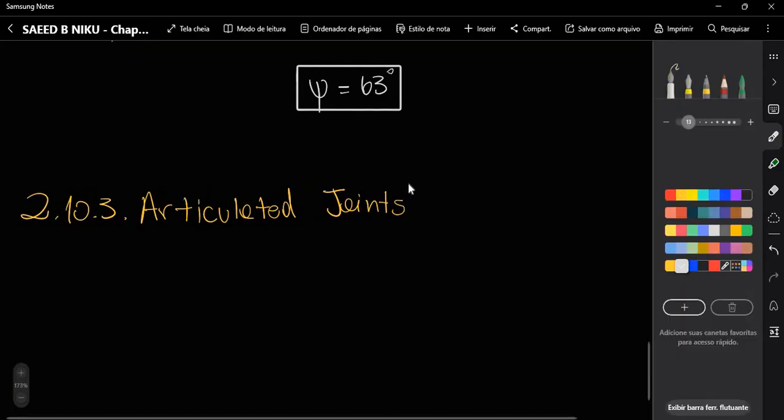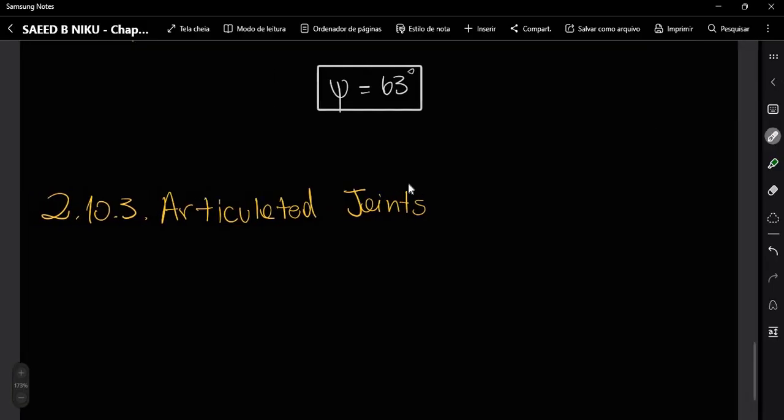Okay, and what this topic is telling us is very simple, very short. I'm basically going to write what is being said in the book. So, articulated joints. And of course, I will give you examples of articulated joints.